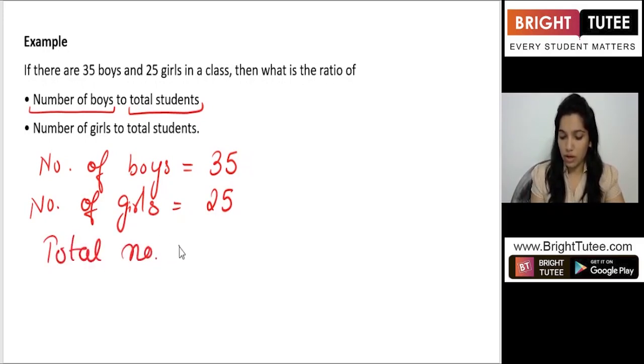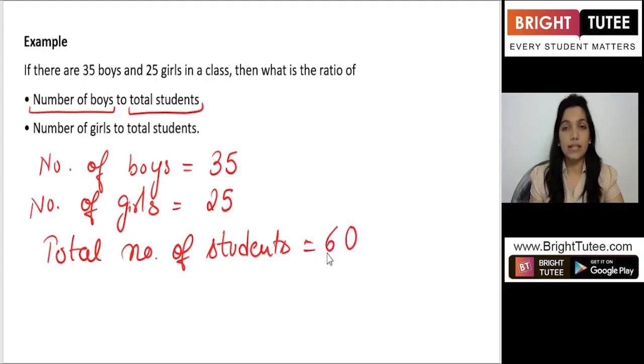Total number of students is equal to, we need to add 25 and 35. Right, so it is 0 at the ones place and 6 at the tens place. So it is 60.